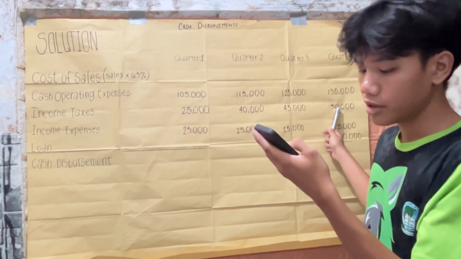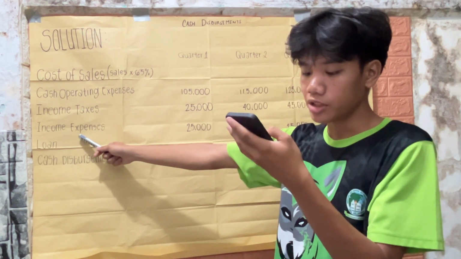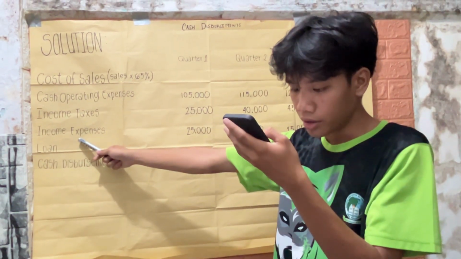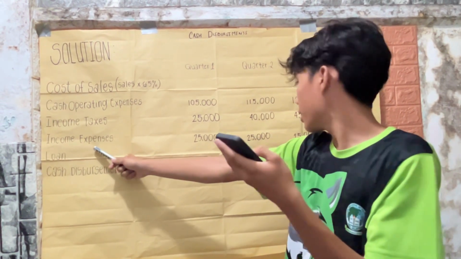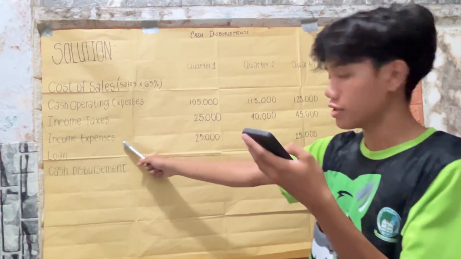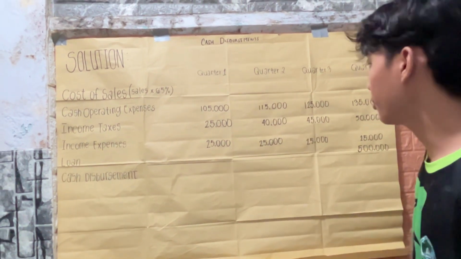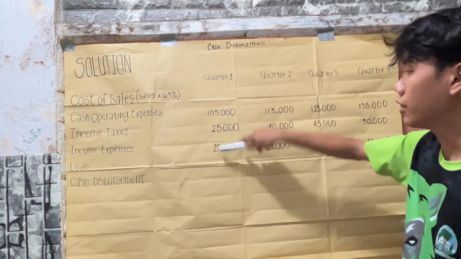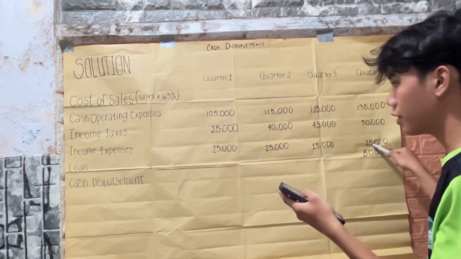Next is the interest expense. The interest expense to be paid every year is 25,000, which is every quarter 25,000. So for every quarter we have to pay 25,000, 25,000, 25,000, and 25,000.